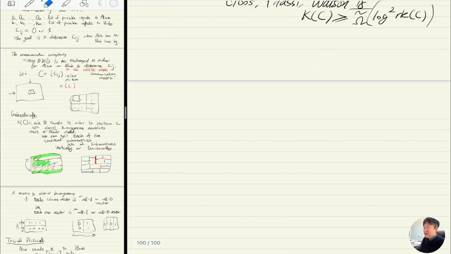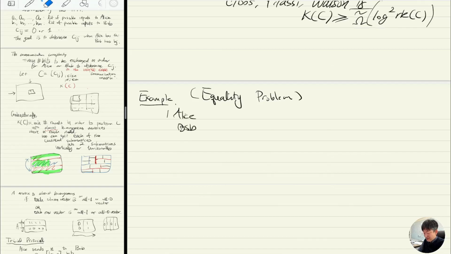All right, so sometimes even this simple lower bound gives a good bound. Here are examples. The equality problem: you have Alice and Bob. This is the situation I mentioned in the previous video.